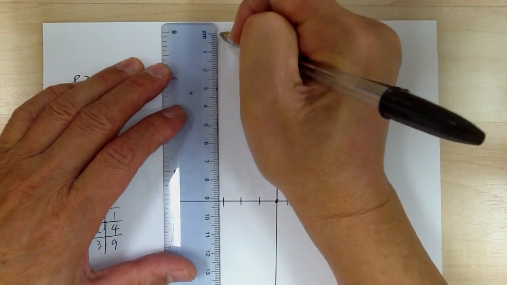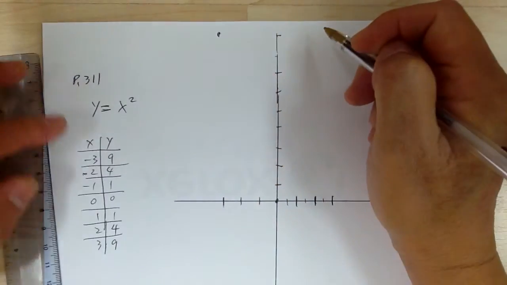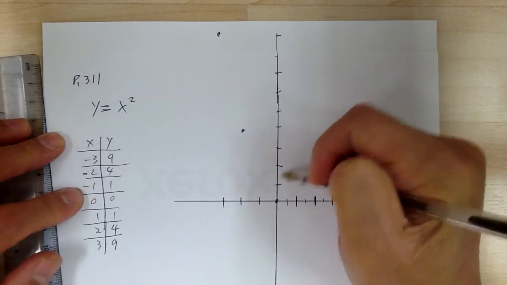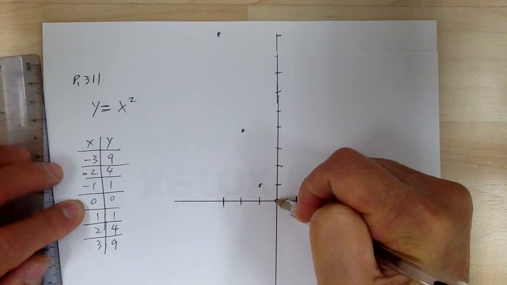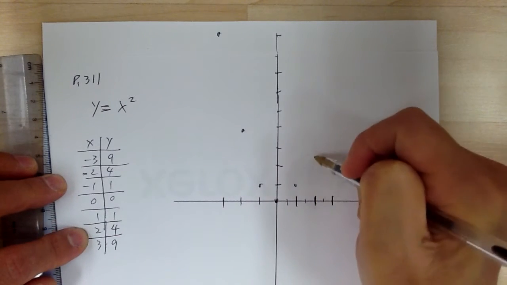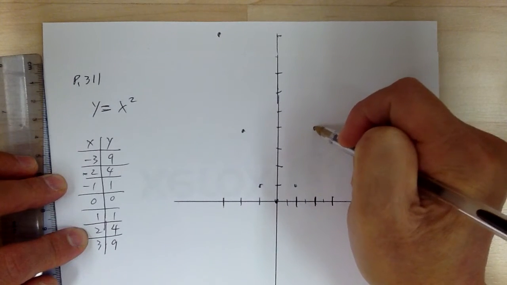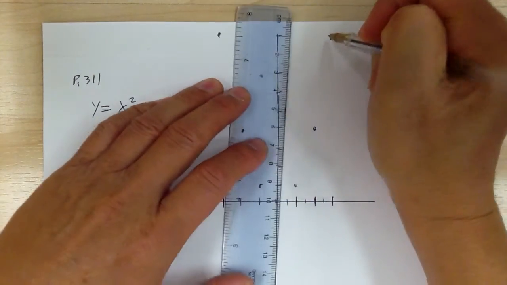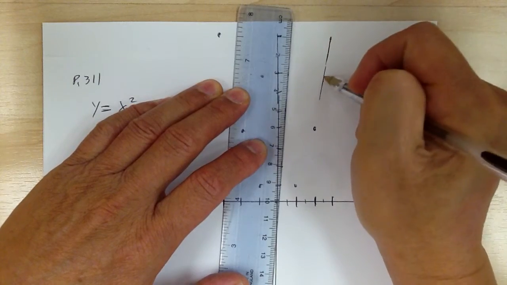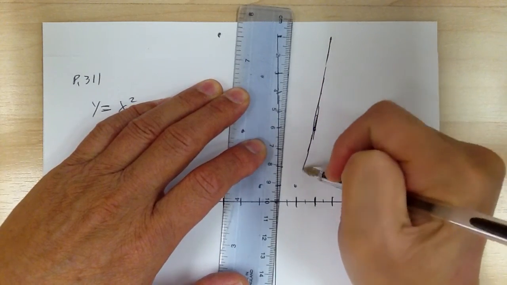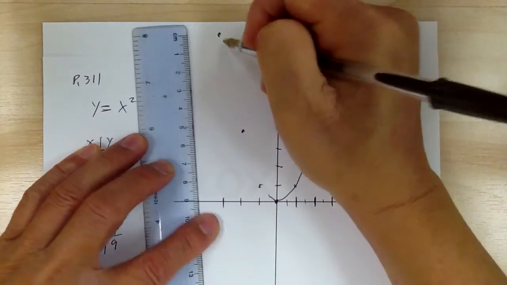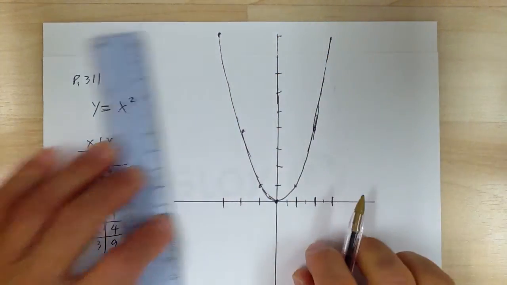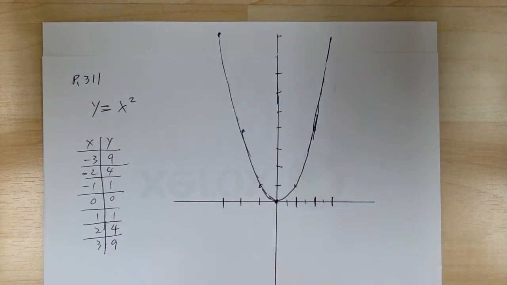So -3, 9 is over here, and -2, 4 is right over here. -1, 1, 0, 0, 1, 1, 2, 4 is right over here, 3, 9. Okay, and if you connect the dots, the graph looks like this.